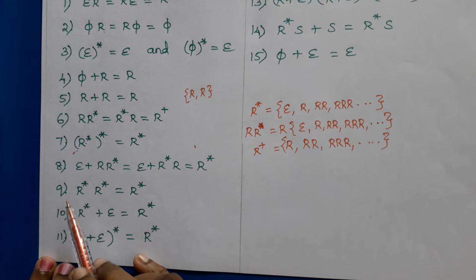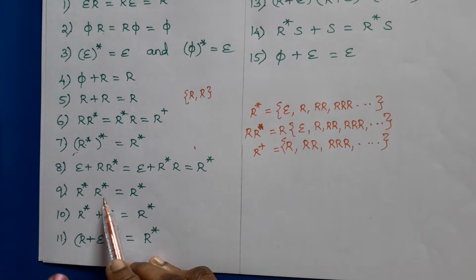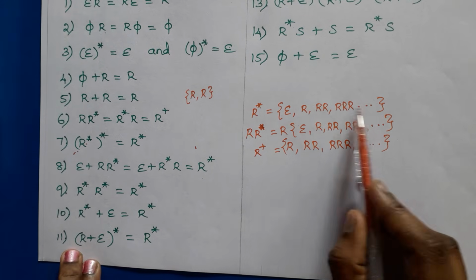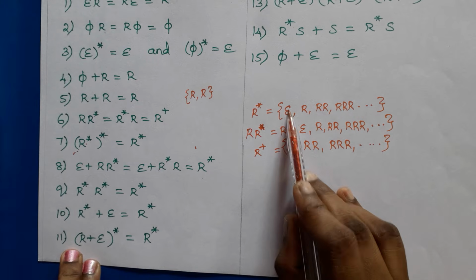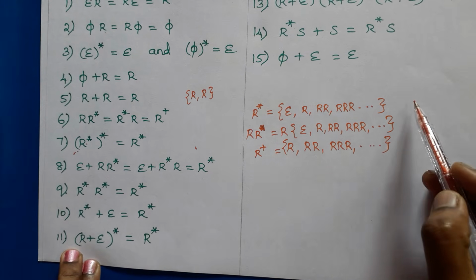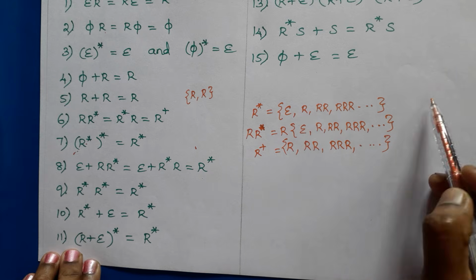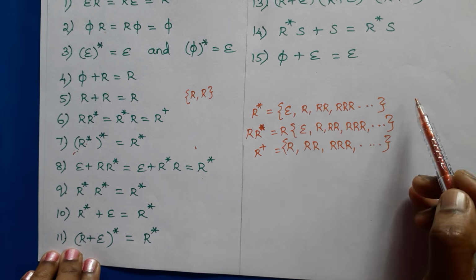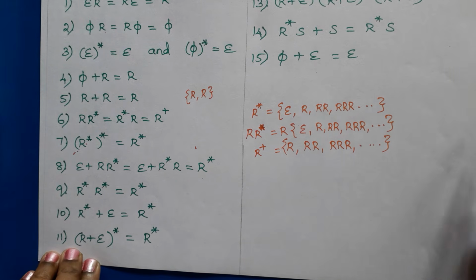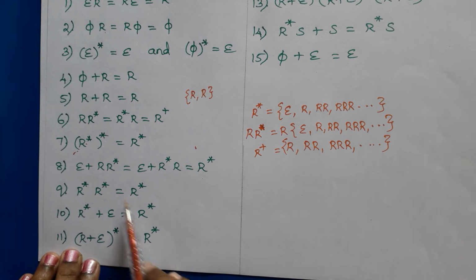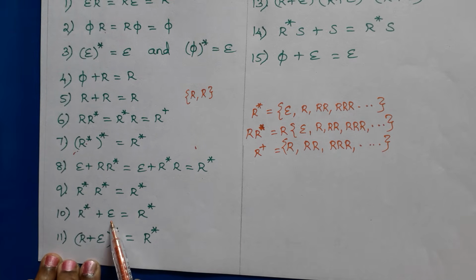Then the next one, R star concatenated with R star. This R star means any number of R's including epsilon. Again concatenate this with another set, means we will get epsilon and all combinations of R's, right? So R star R star is equal to R star. Then R star plus epsilon.